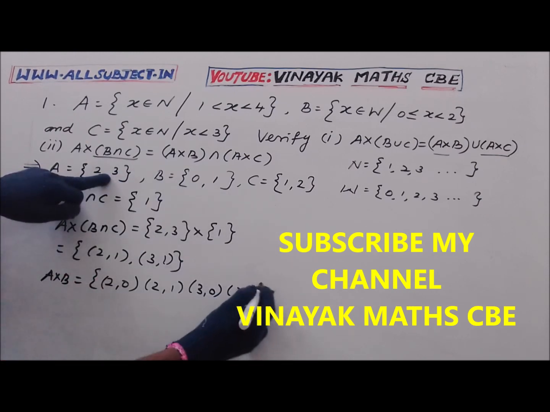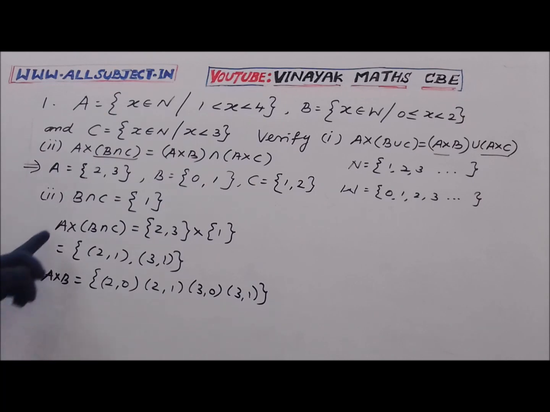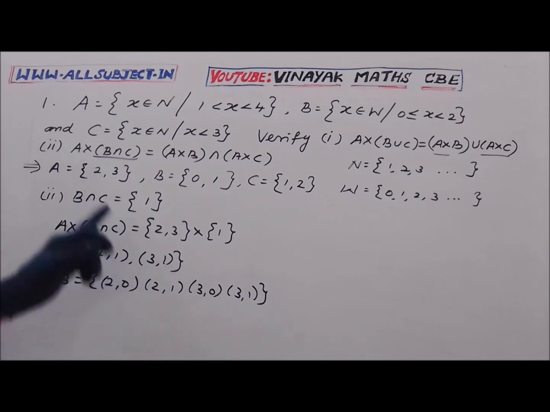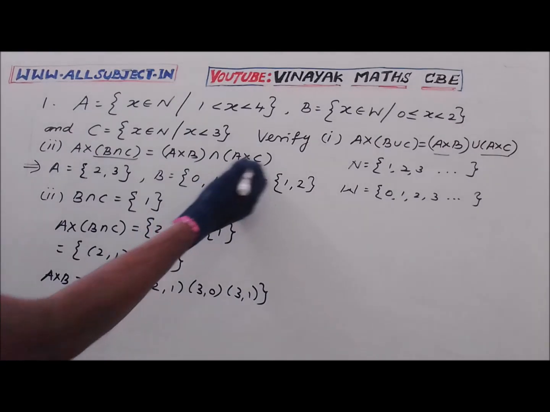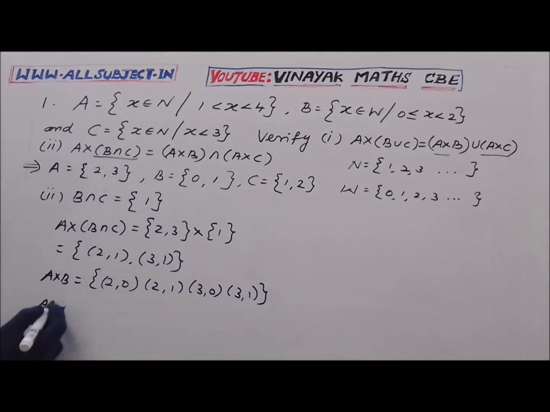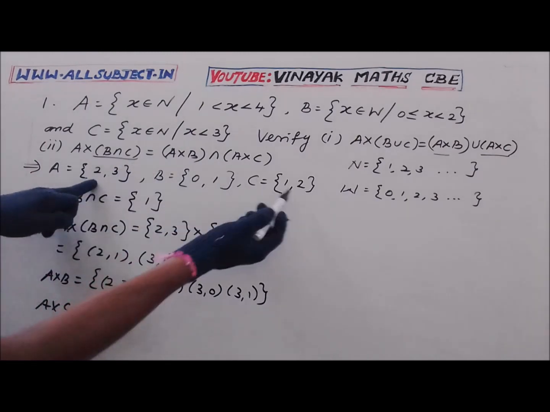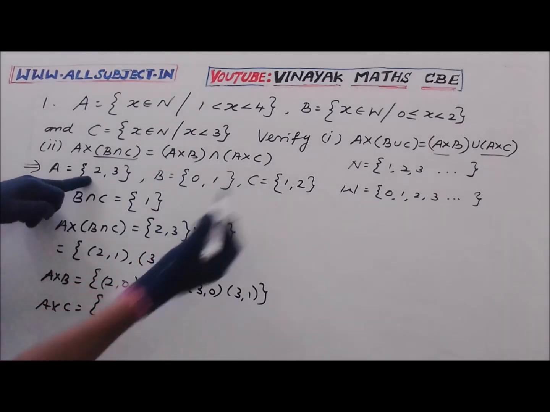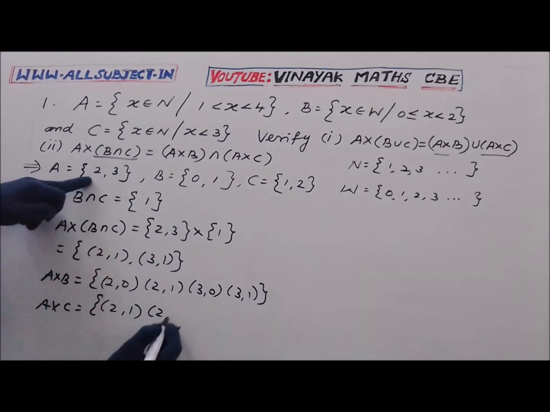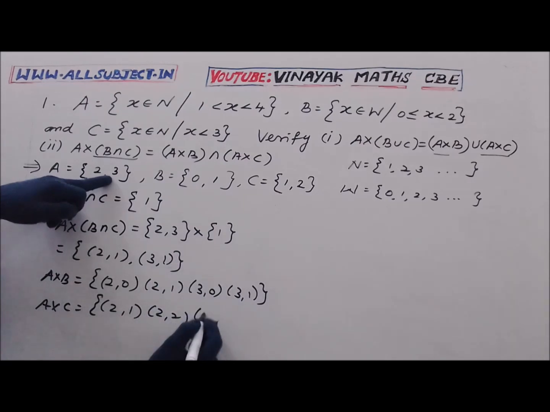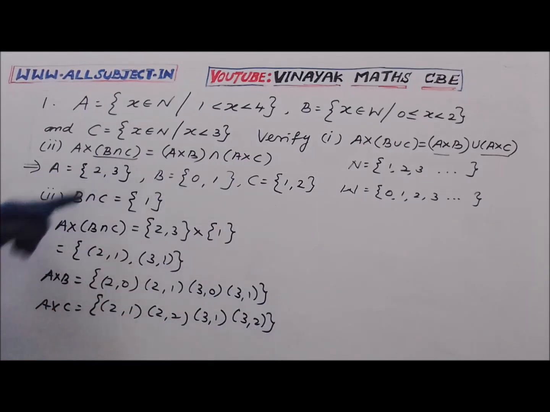These are the elements present in A cross B. That is, A cross B has 4 elements, here 2 into 2, 4 elements present in A cross B. Then we need the value of A cross C. So A cross C is equal to, taking A and C and applying cross product, (2,1) and (2,2), then (3,1) and (3,2). This is A cross B, A cross C.